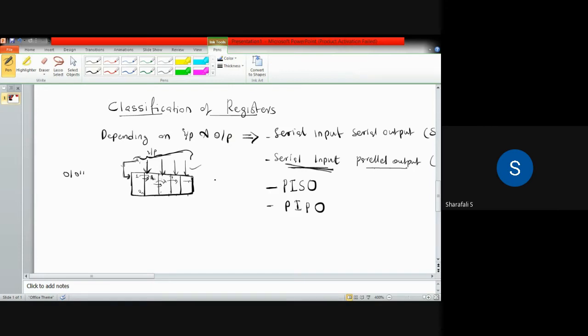But you are taking your output from the last one, which means it is serial. Output is taken serially. And if you take output parallelly from each of those flip-flops as well, then it is called parallel input, parallel output configuration. We will discuss all these configurations in detail anyway. This is just a representation of what this classification means.